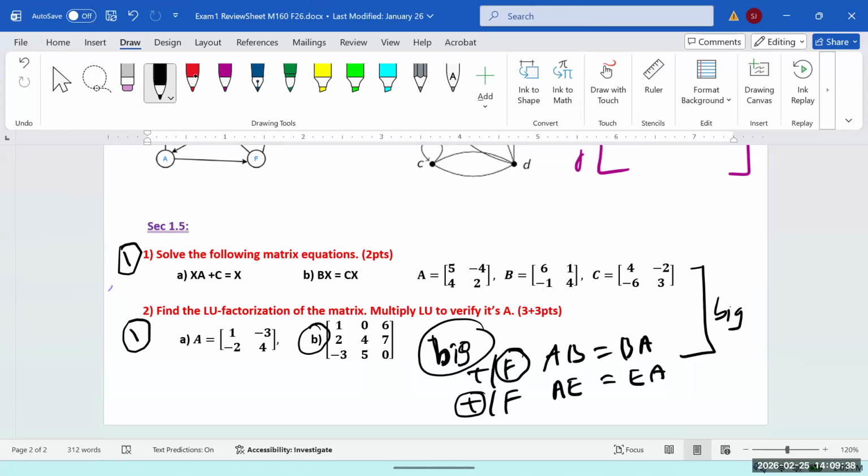And then what else can I ask? A inverse exists for any A. True or false? What do you think? Regardless of your dimension for your A, you can always have A inverse.